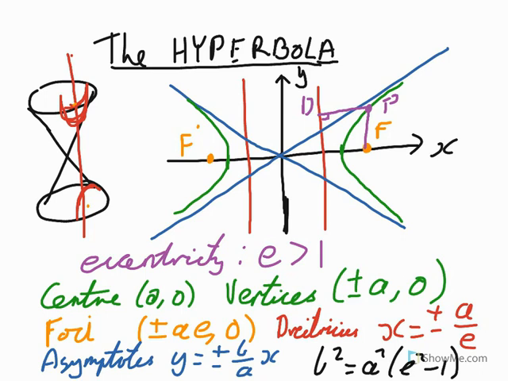But the only thing that I haven't actually put down so far is our equation. So our equation ends up being x squared on a squared minus y squared on b squared equals 1.